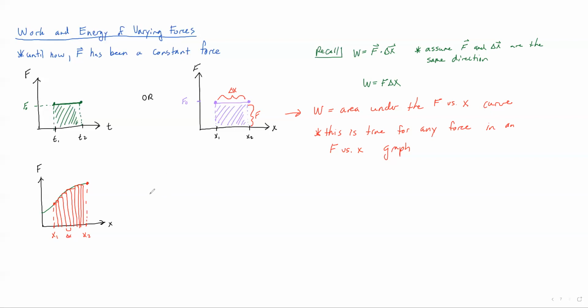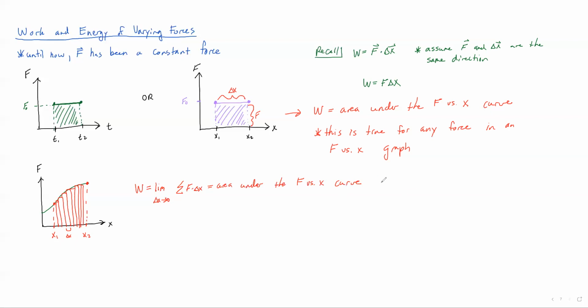And so the work is going to be the limit as delta x goes to 0 of the sum of f times delta x. You're adding up all little pieces of force as you go. And again, that's equal to the area under the f versus x curve.